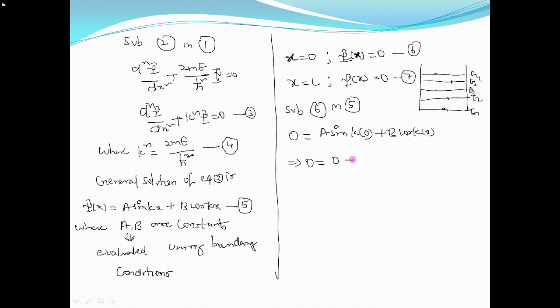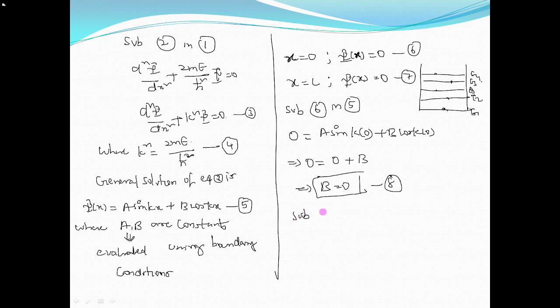Sin 0 is 0 and cos 0 is 1, so B is equal to 0. I got constant B as 0. This is equation number 8.